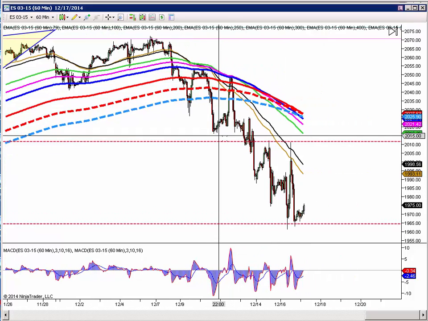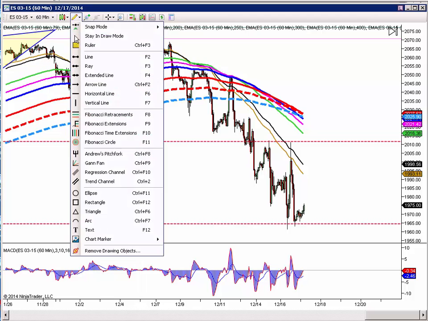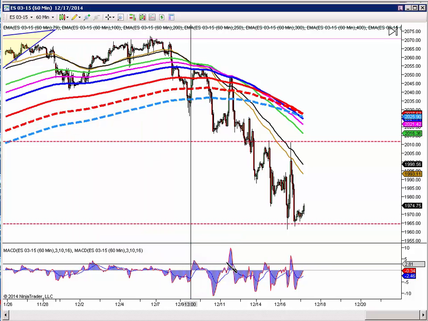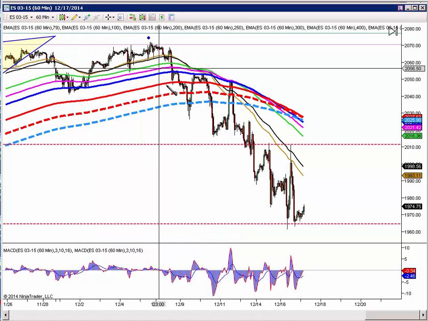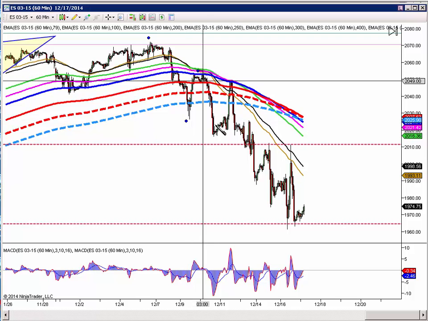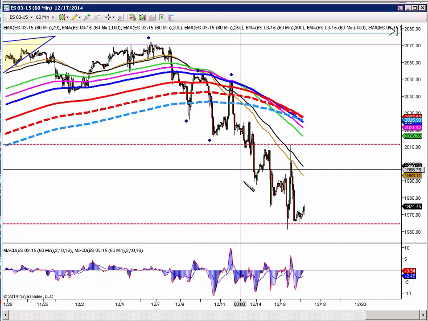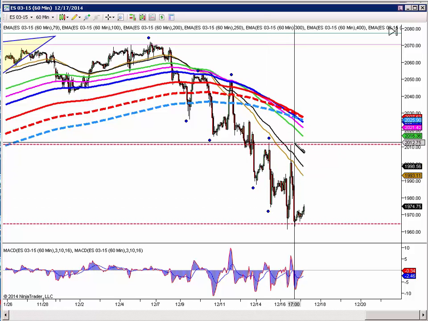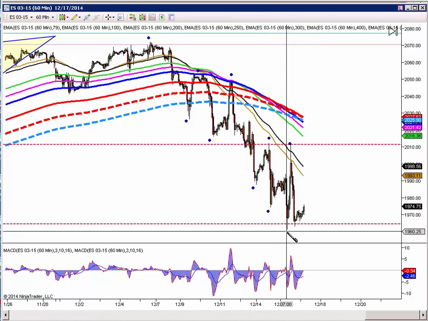All right, as you see, we have this going to establish. I'm going to use chart and drawing mode, and we're going to say chart maker. So let's just put a dot. All right, so we have a high, we have a low, lower high, lower low, lower high, lower low, lower high, lower low, test, lower low.